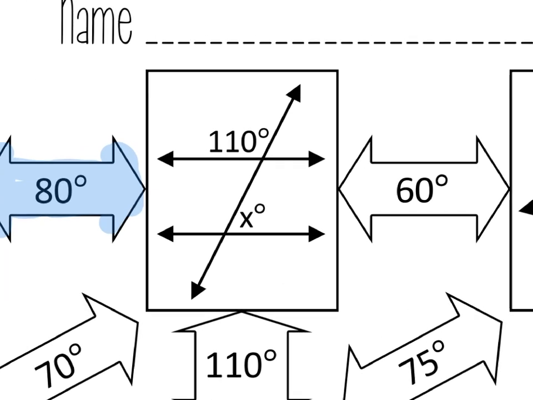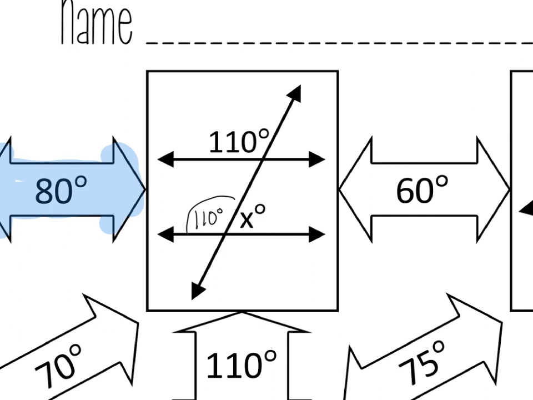And looking here, we can see that we have an obtuse angle, the 110. We have the x. This isn't actually a definition we formally defined, but using, for example, corresponding angles, we know that this angle is also 110 degrees, right? Because these are corresponding. They're matching. They're on the same side of the transversal. They're in relatively the same position.